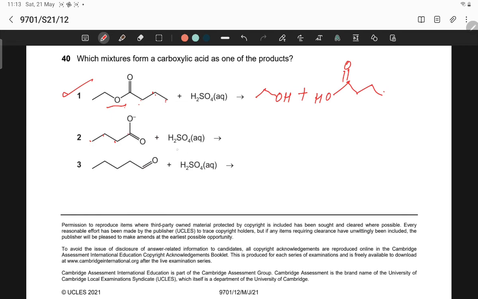So with sulfuric acid, H positive, it gives a carboxylic acid in the presence of sulfuric acid. So this is also correct. This is an aldehyde. So an aldehyde has no reaction with sulfuric acid. So this is incorrect.